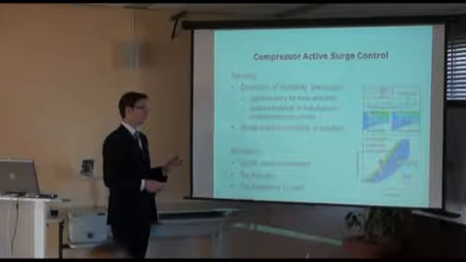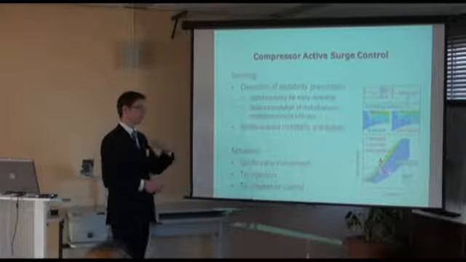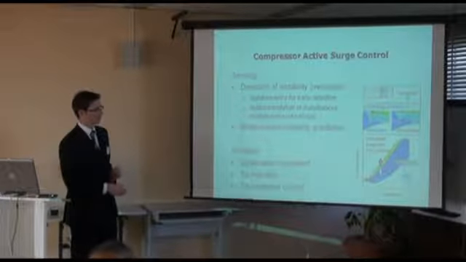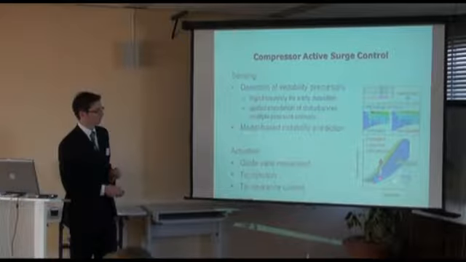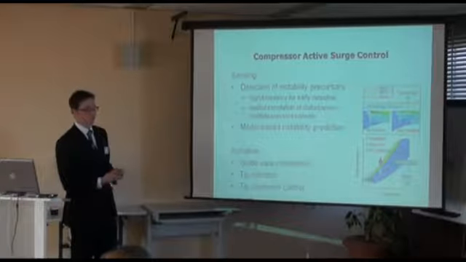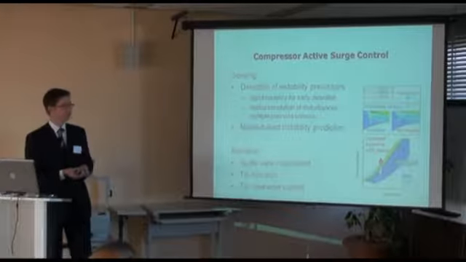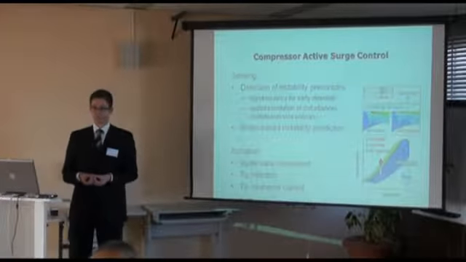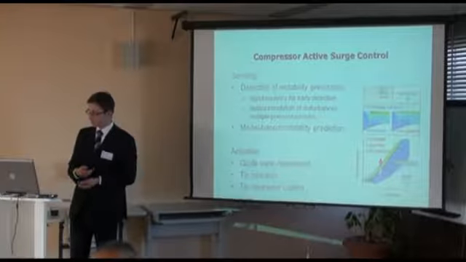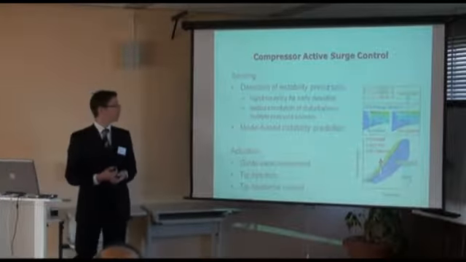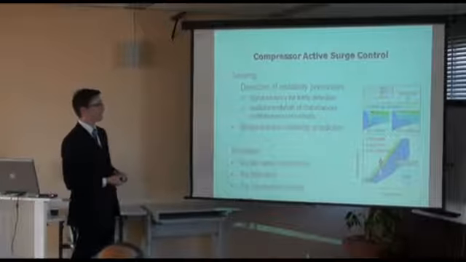And now you can enhance your operating range by just blowing into this tip gap region, as shown here in the green range, and you will obtain a range that was formerly not present. So you can operate the compressor simply with a higher pressure ratio. Another feature is tip clearance control, which I will show later, which is also a means for enhancing surge margin.